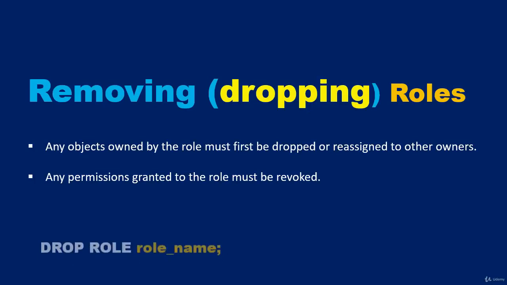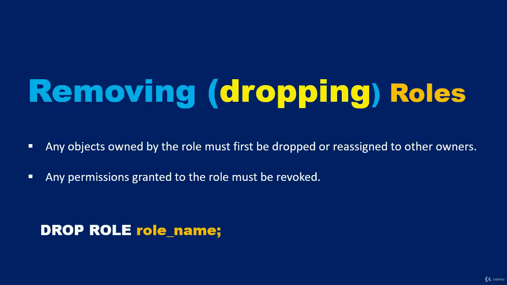The user roles of the group are not affected. So in order to remove roles, you need to use the drop role statement to remove a group role or a user role. So that is it for this video on removing roles.